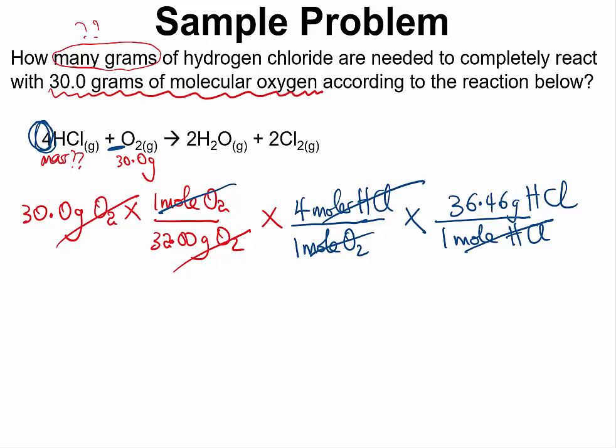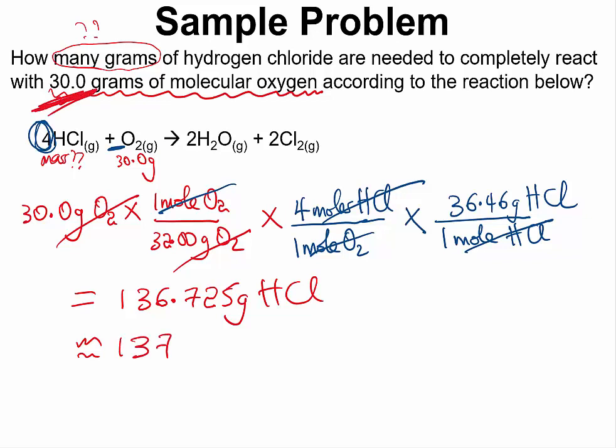Moles of HCl will cancel out. And when you punch all of these numbers into your calculator, you should get 136.725 grams of HCl, which, if you round to 3 significant figures based on the measurement given to us, will be 137 grams of HCl.